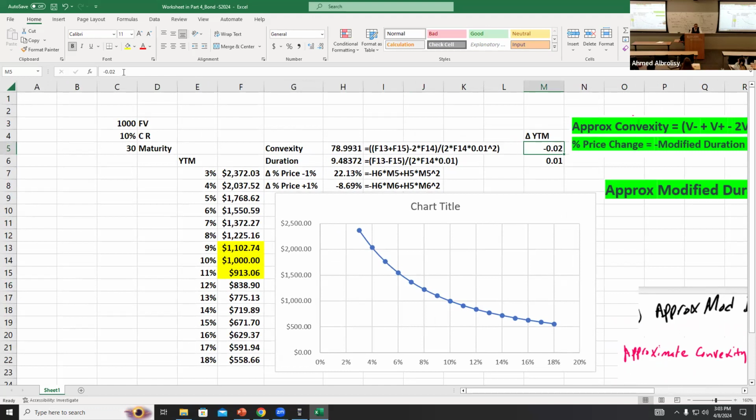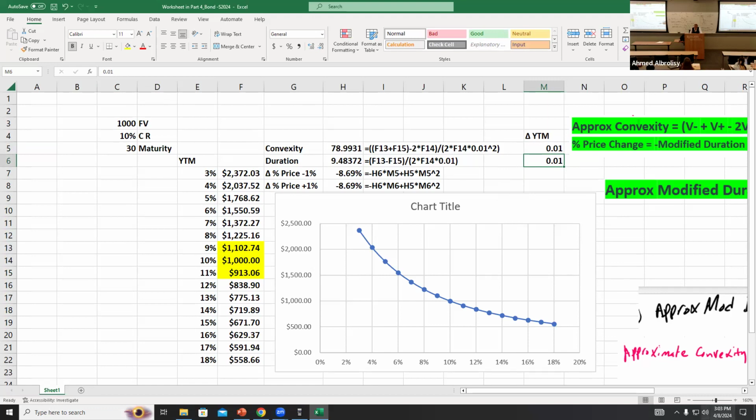This is based on the interest rate changing by 1%.